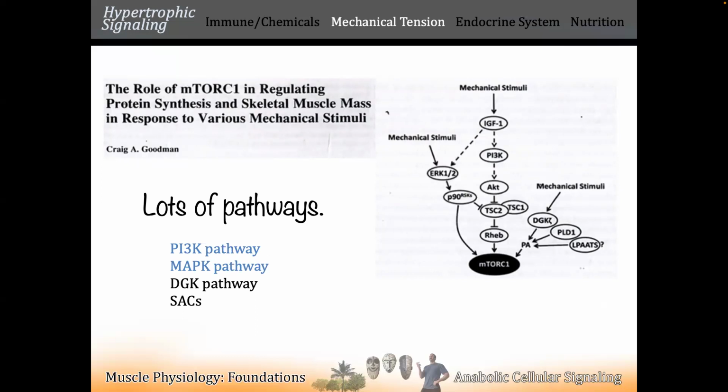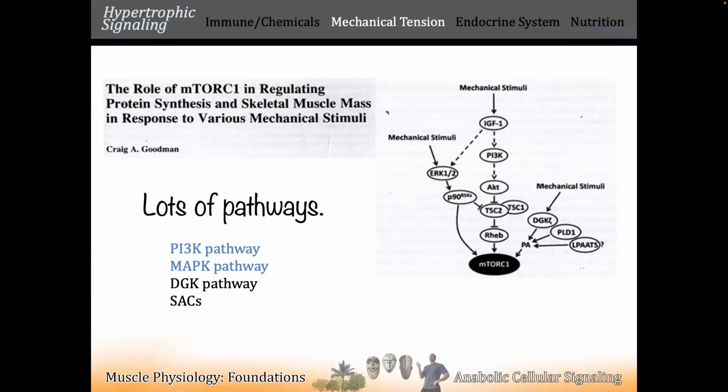What DGK does is phosphorylate. It's a kinase, right? It phosphorylates diacylglycerides. So like a triglyceride minus one fatty acid, a diacylglyceride. You should remember this, where adipose triglyceride lipase has lysed one fatty acid. And so you have two remaining fatty acids on the glycerol.